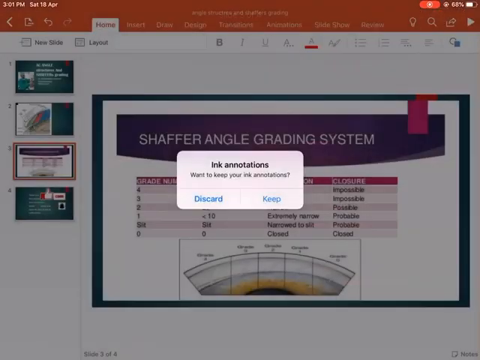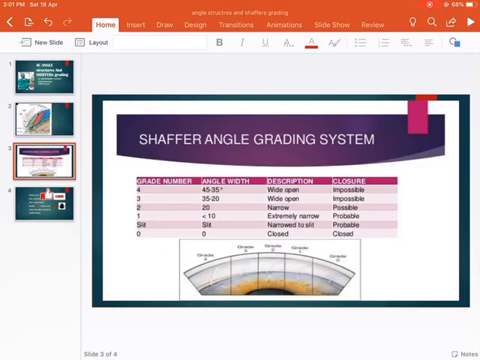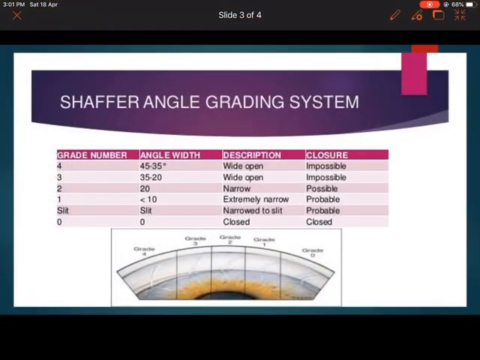Understood? Now we'll see the picture. See, as I told you, grade 4 will be 45 to 35 degrees, and it is wide open. See, first 2 are wide open, in the middle one it is narrow, then you have an extremely small slit opening, and the last one is closed. This is the description.